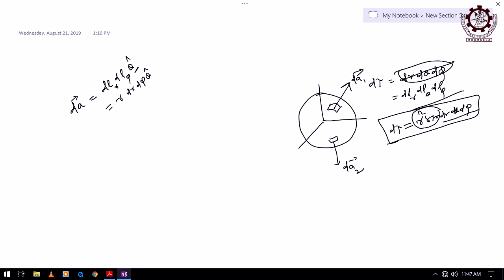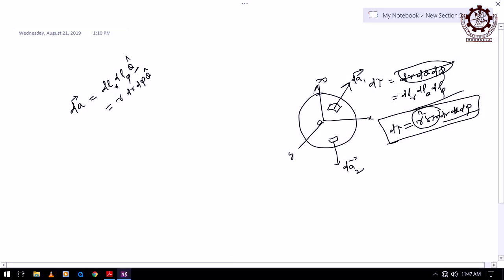The directions are along x, y and z, and here is the center of the sphere. You can take any two areas like that, dA1 has a direction, similarly dA2 has a direction, and these directions are implied by this cap, right.